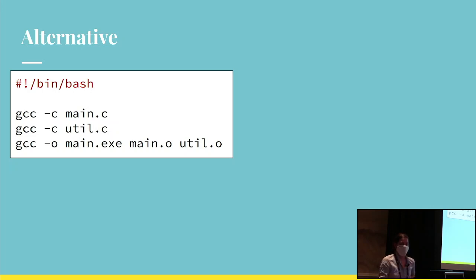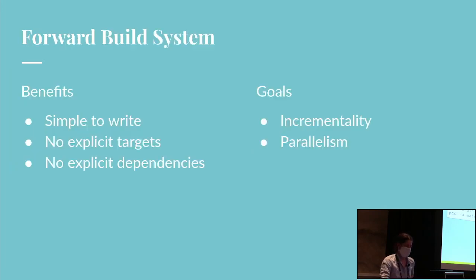There's no targets, there's no dependencies, but the downside is you don't get incrementality, you don't get parallelism. Every time you run your script, every command is going to run. An alternative to a shell script is this less prevalent type of build system called a forward build system. It's simple like the script, but it has the goal of still giving you incrementality and parallelism.